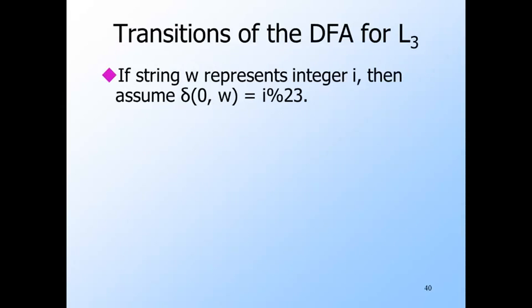We're going to assume that things are working right after reading a binary string w. That is, w takes state 0 to the state that is the correct remainder when w is divided by 23. I'm using the C-style percent operator to denote the remainder. You can read the percent as modulo or mod, which is just another way of saying the remainder when divided by.